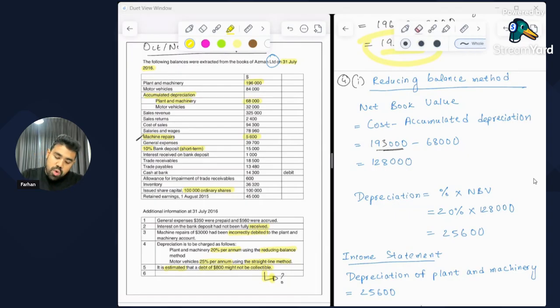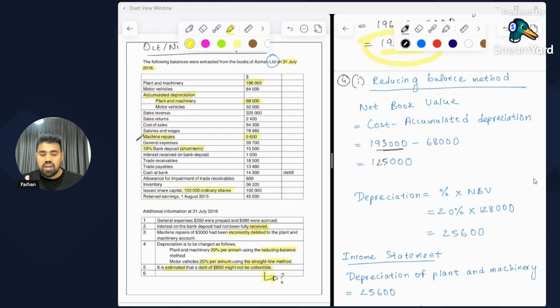Once you subtract $68,000 from 193,000, how much do we get? We should get something like 125,000. So we get $125,000 as the net book value for plant and machinery.